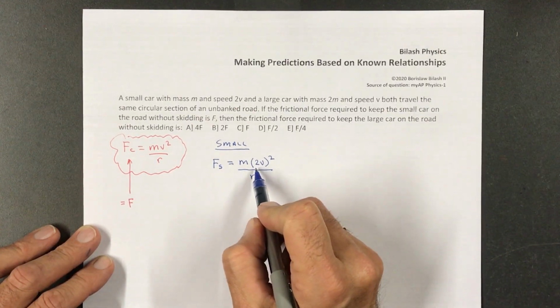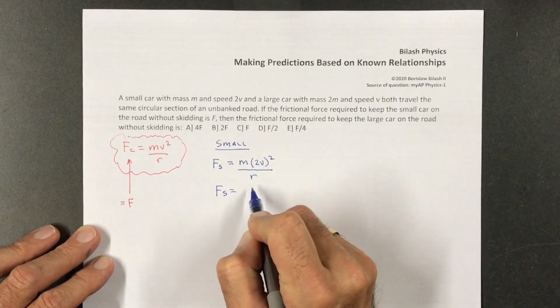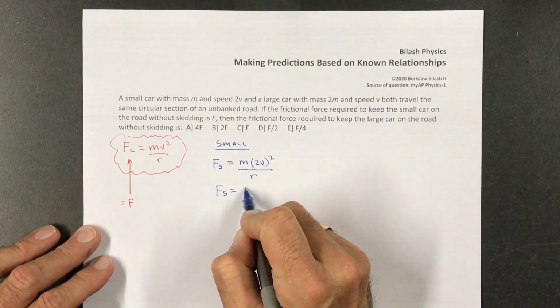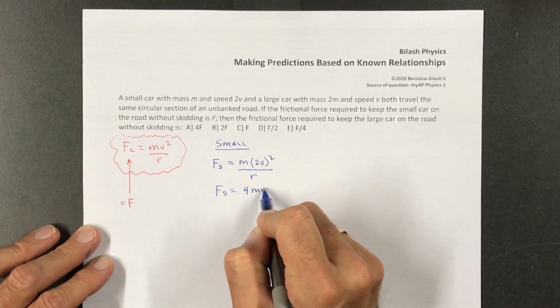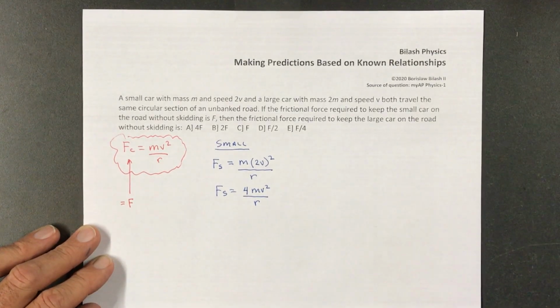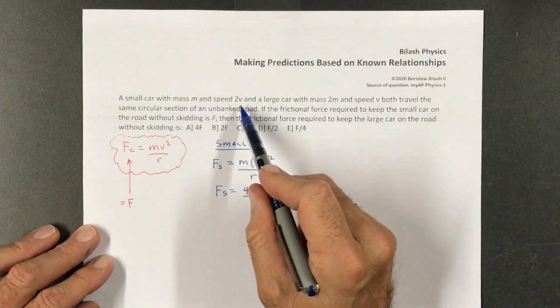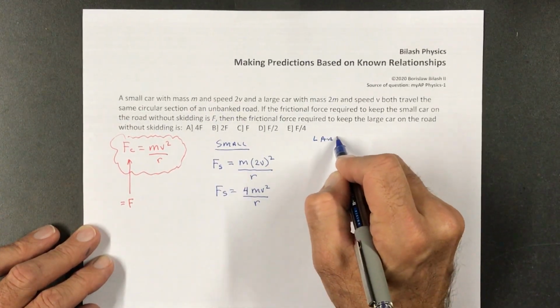Now, I will expand this, and we'll say Fs is equal to 4, I'll move the 4 to the outside, mv squared over r. And that is the relationship that describes the small car in terms of its velocity and its mass. Now, the large car, we will do the same.